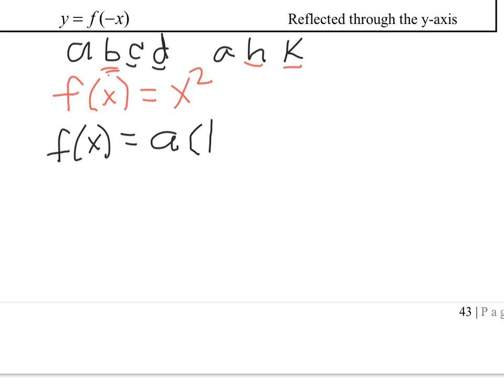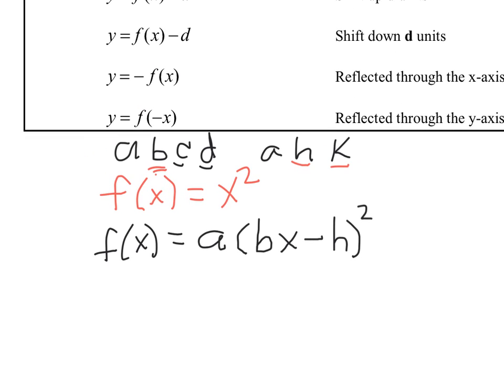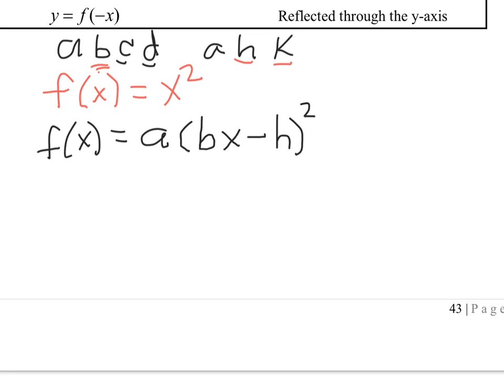And then I'm going to put my b next. That's the new transformation that you haven't really used yet. B x, okay, and then minus h. So we're going to use h, k for this one. And I keep my squared in there because I'm using the parent function for quadratics, x squared. So a times b x minus h squared, and then on the end down here I'm going to have my plus k.